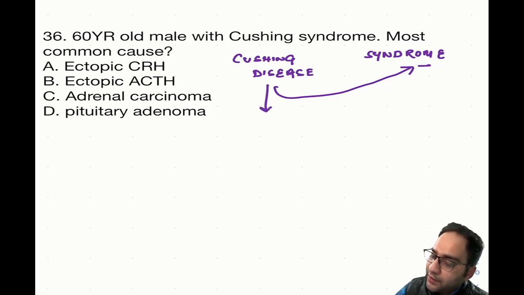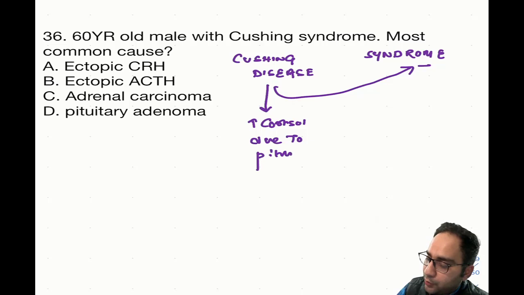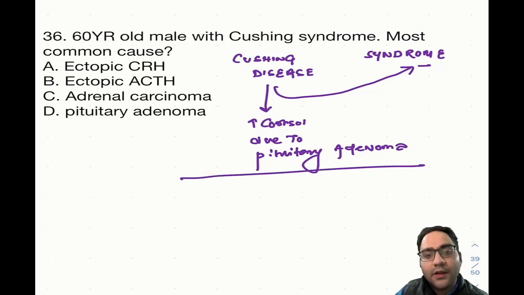Cushing disease specifically means there is increased cortisol due to pituitary adenoma. Right? So pituitary adenoma is the most common cause of Cushing disease.